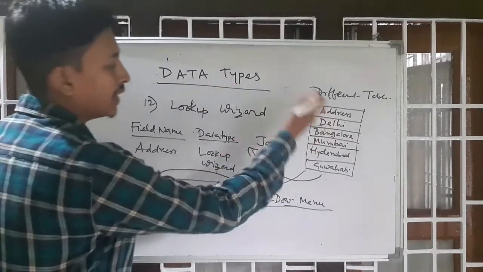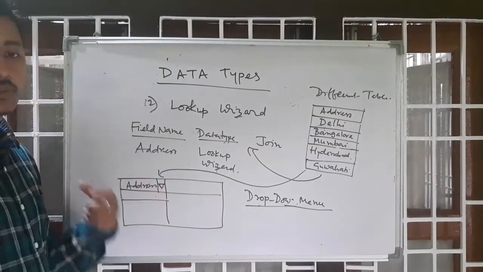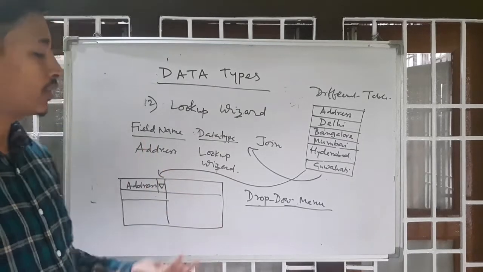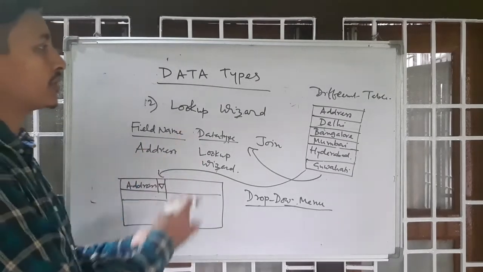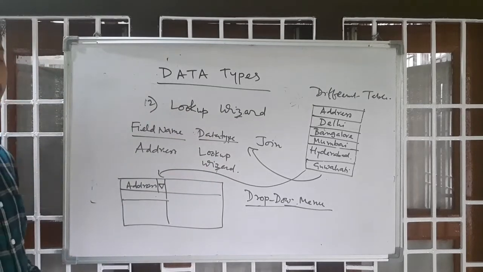You just select the city. Say like I am from Bangalore. You click Bangalore and Bangalore comes automatically. Okay, it is a very easy way to insert the lookup wizard from different tables. It is very important.